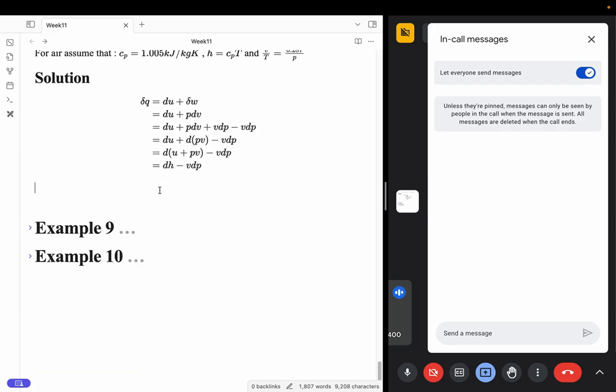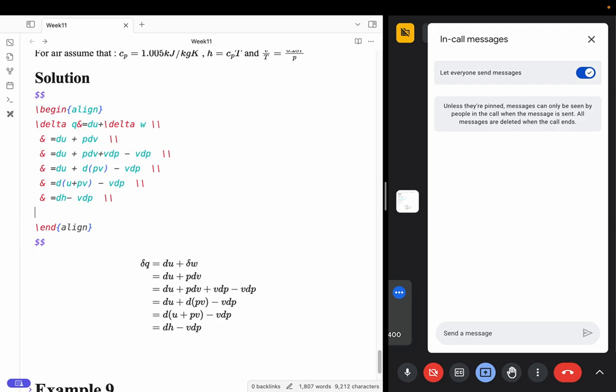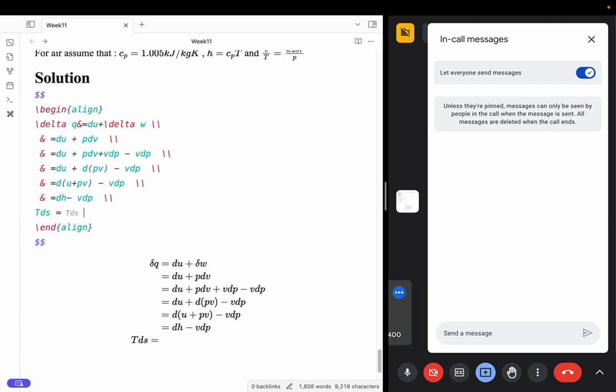Is it clear up until this? And dq, how can I write dq? Can I write dq as T ds? I think now you will be able to calculate.